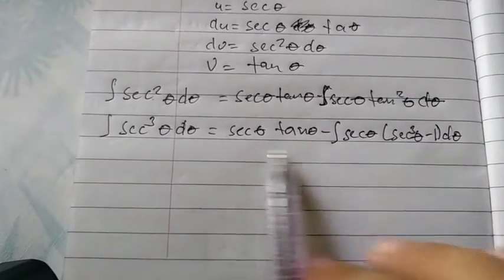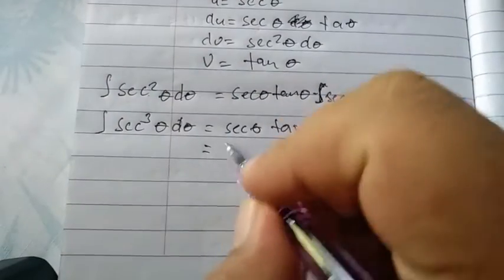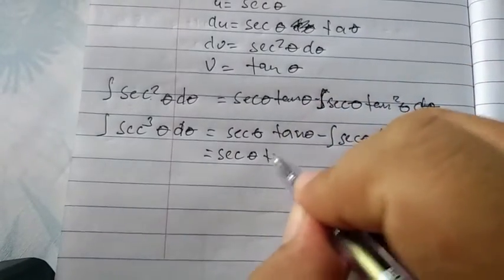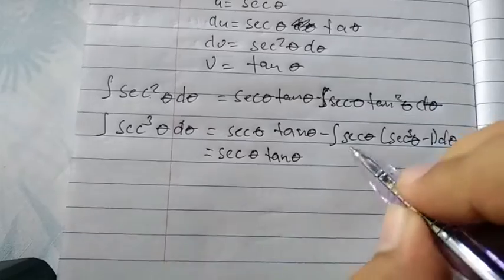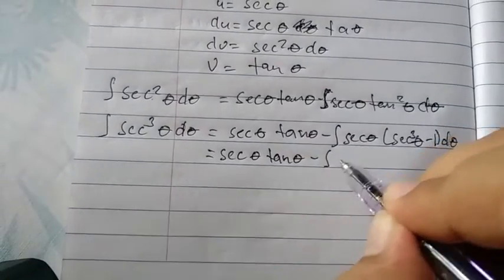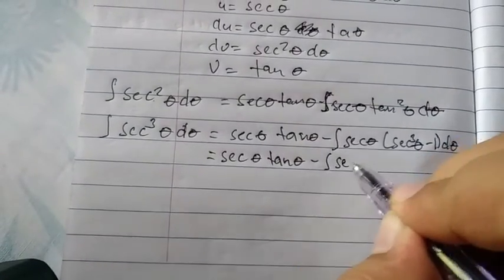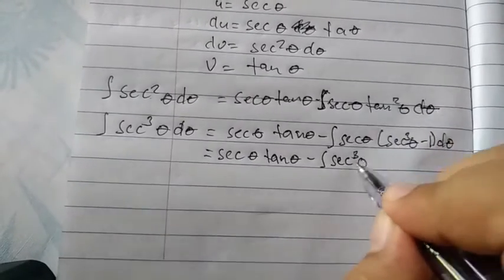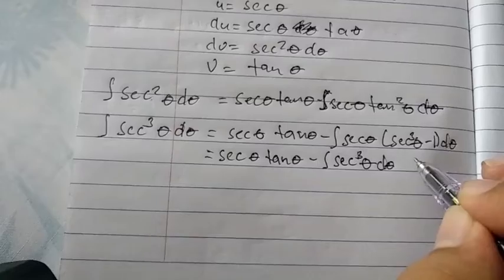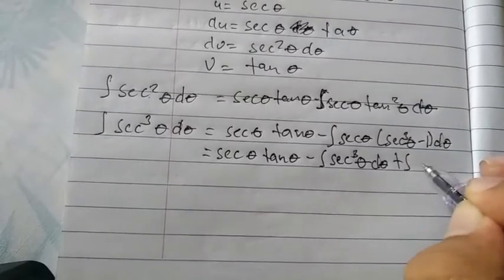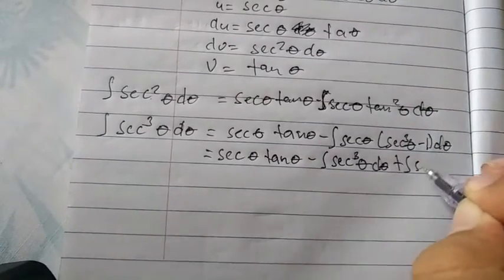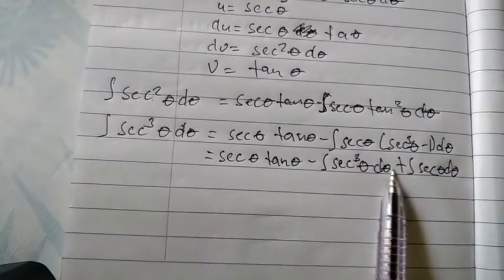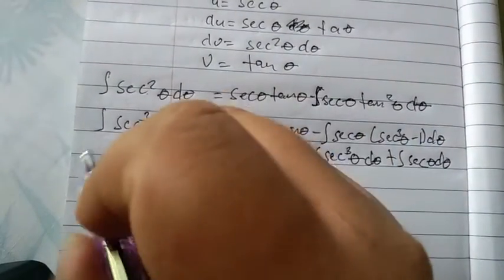And we're going to solve and simplify this. It equals sec theta tan theta minus the integral of sec cubed theta d theta plus the integral of sec theta d theta.